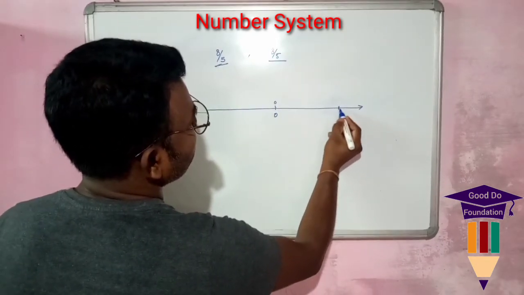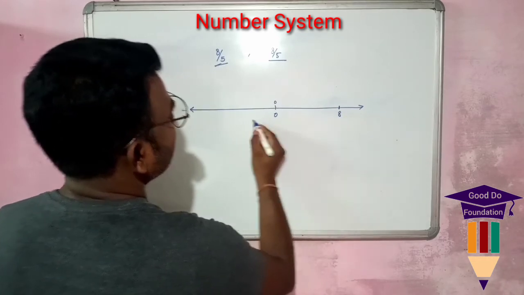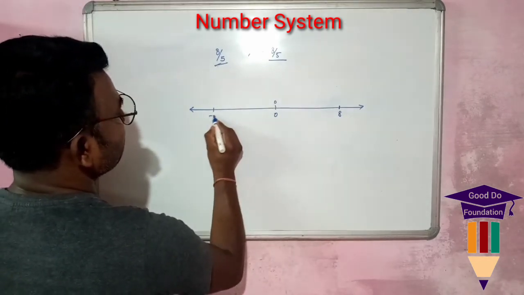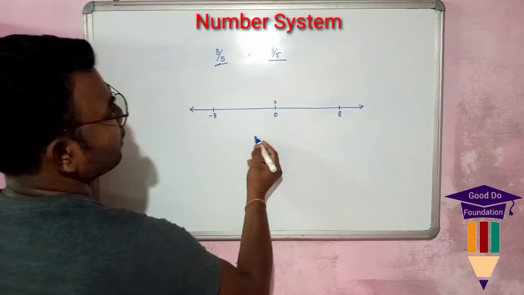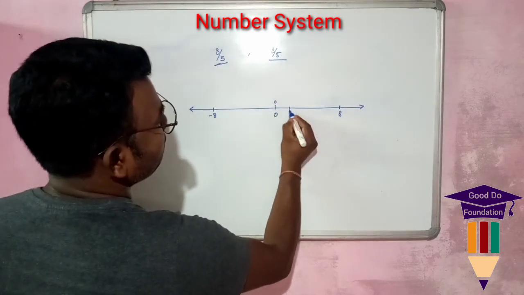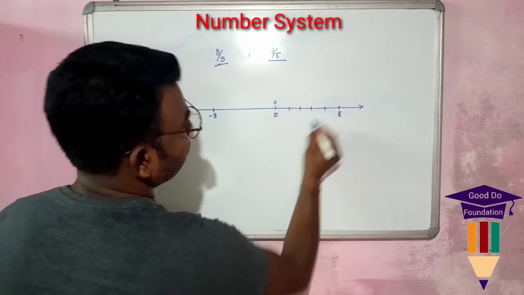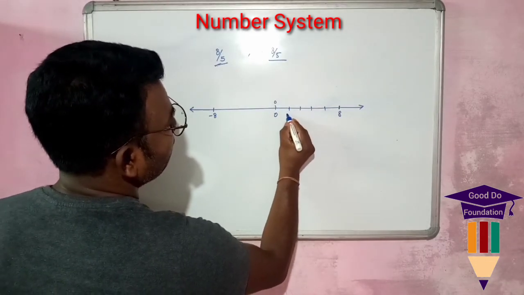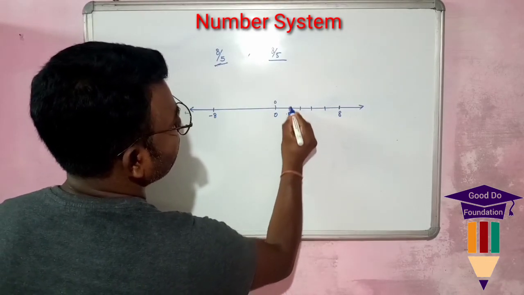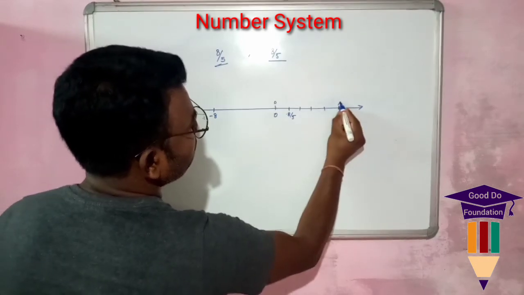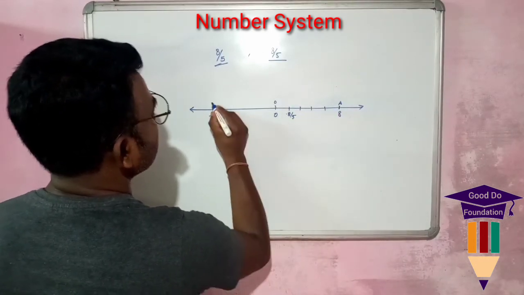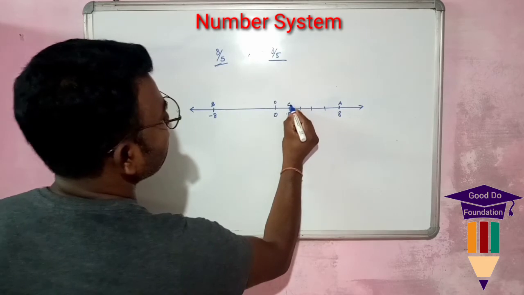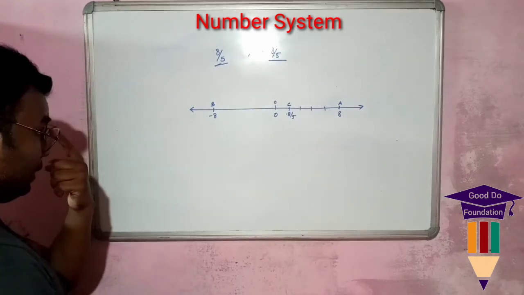Suppose my 8 position is somewhere here and -8 position is somewhere here on the left side. Then I am going to divide this side into 5 equal parts, and one part of this will be 8/5.